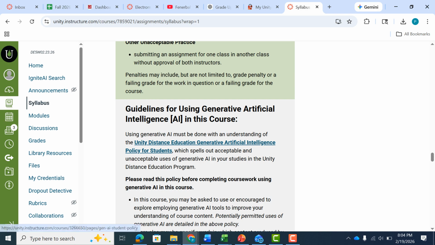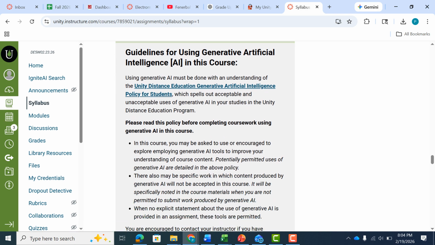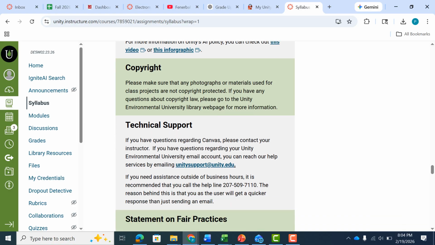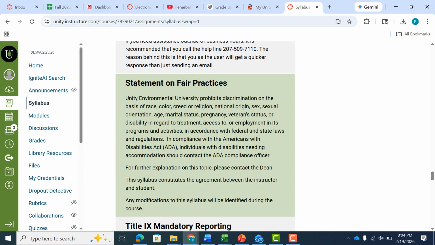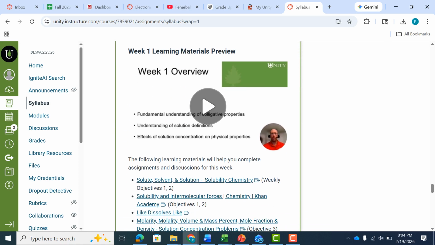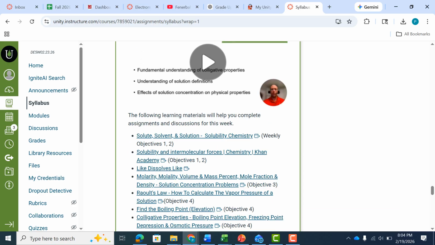Again, we're not saying that you should not use it, but we're giving you guidelines on how to use it. Copyright. Copyright is when somebody has done the work, you have to acknowledge the work and cite them. Technical support, again, be sure to contact the school for that. Fair practices, Title 9.